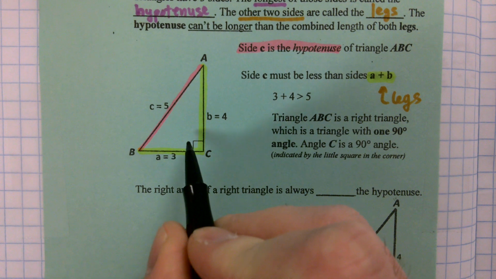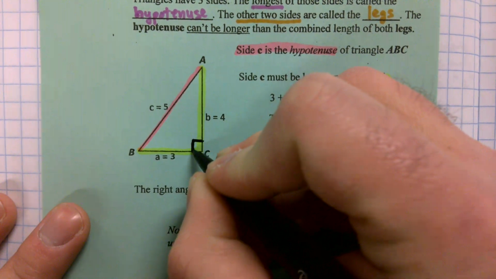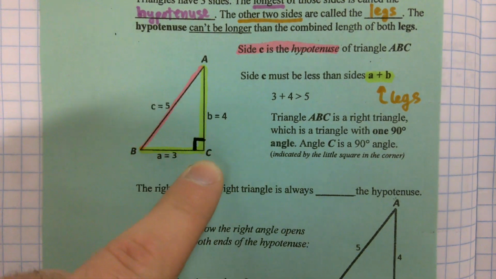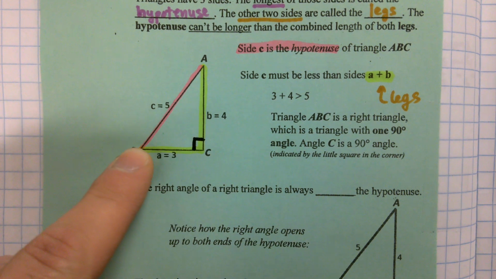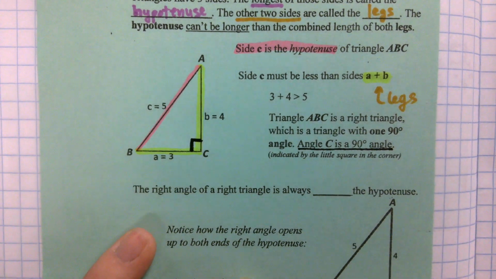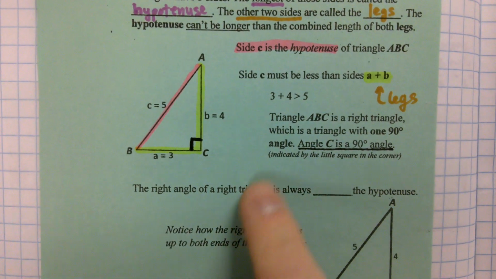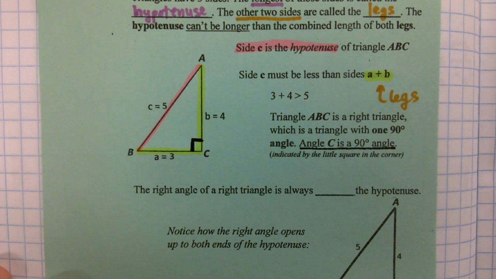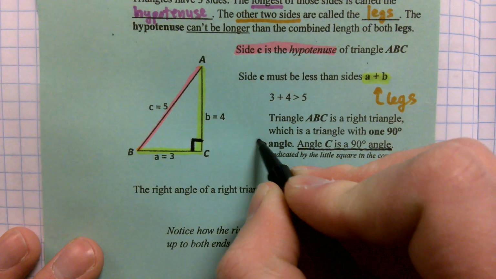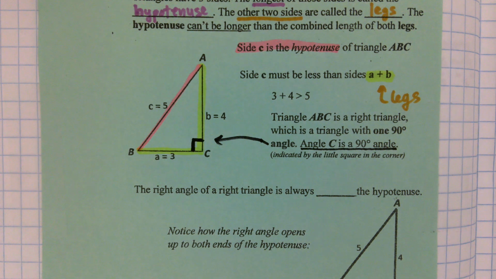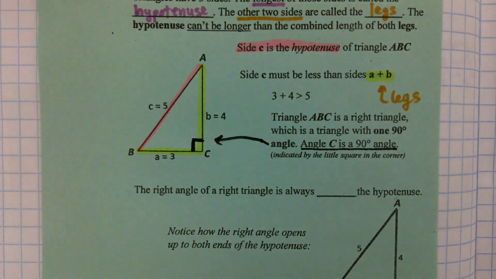This little box here in the corner tells us that angle C, the midpoint of my two legs, is a 90-degree angle, indicated by the little square in the corner. So when you see that little square, that tells us there is the right angle of this right triangle.